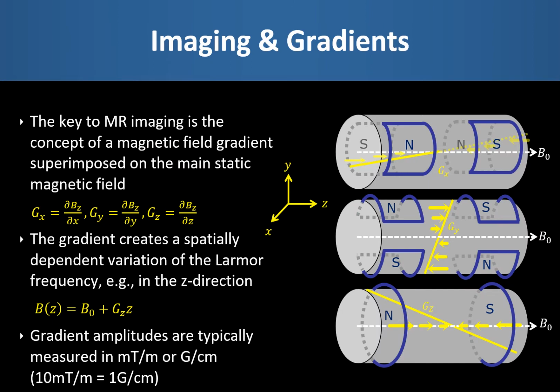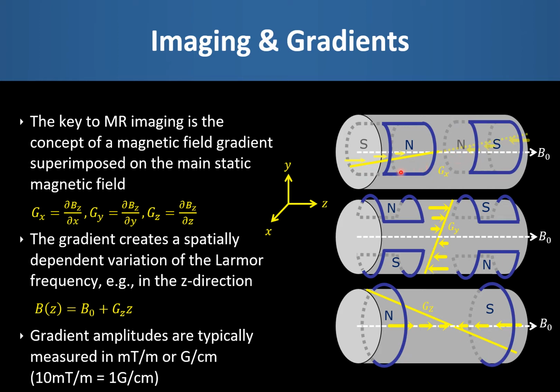The important concept regarding gradients in MRI is that for MRI to still work, the spatial variations in X, Y and Z also require the gradient magnetic field to be always pointing along the Z axis. In the case of the X gradient, we have the gradient coils which are arranged in what is called a quadrupolar or Golay configuration. The currents are circulating through this gradient coil to make this a north pole and this a south pole.